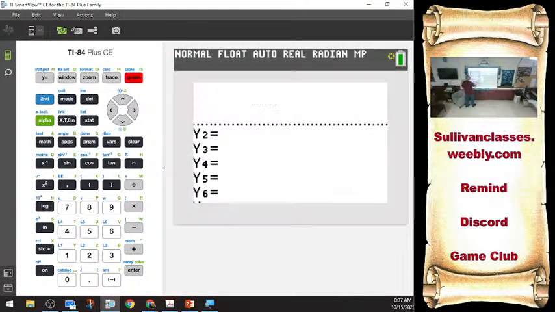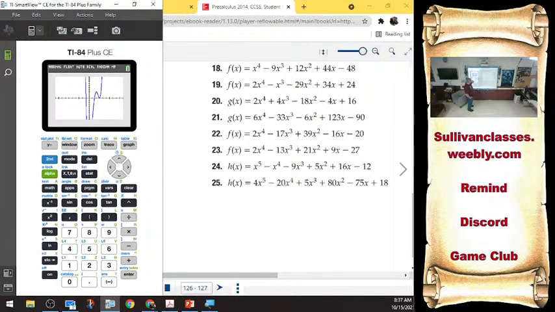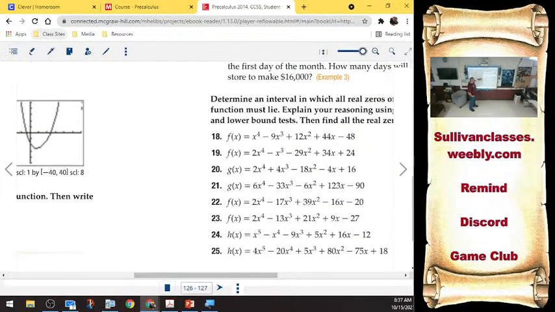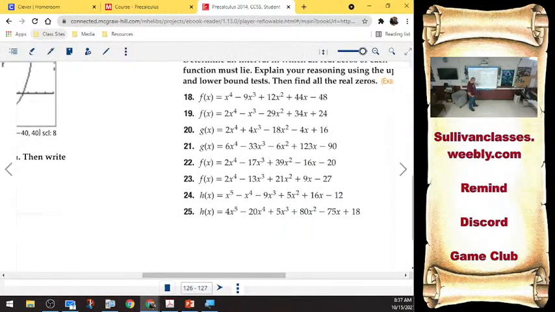Okay. So I would plug in 5. Like, okay, on 23, determine the interval on which all real zeros of the function must lie. Explain your reasoning using the tests.